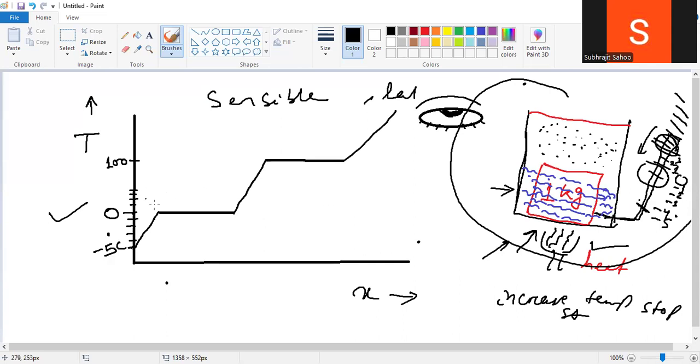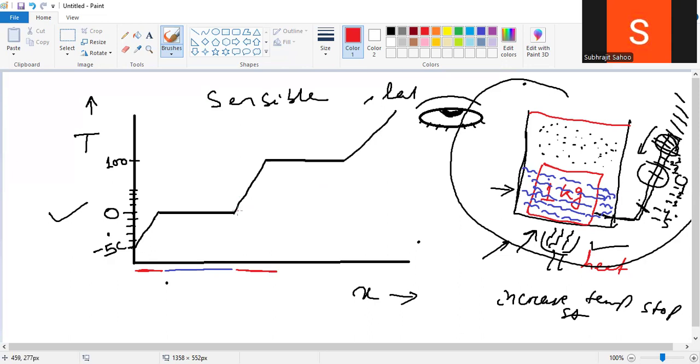So that portion I clearly differentiate here. What is that portion, sir? Observe that portion: with heat addition, the temperature changes here to here, and with heat addition, the temperature does not change here to here. Again, with heat addition, the temperature changes here to here.